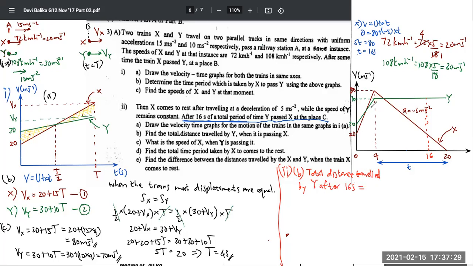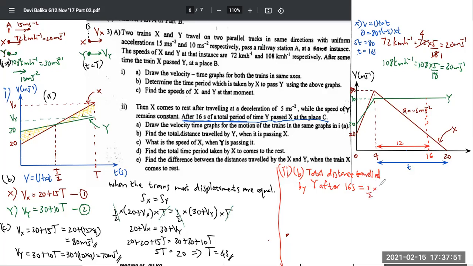How much is that? You have to find the area of this trapezium plus the area of this part. This gap is how many seconds? 12 seconds, isn't it? So I will write an equation. See if you can agree with me.